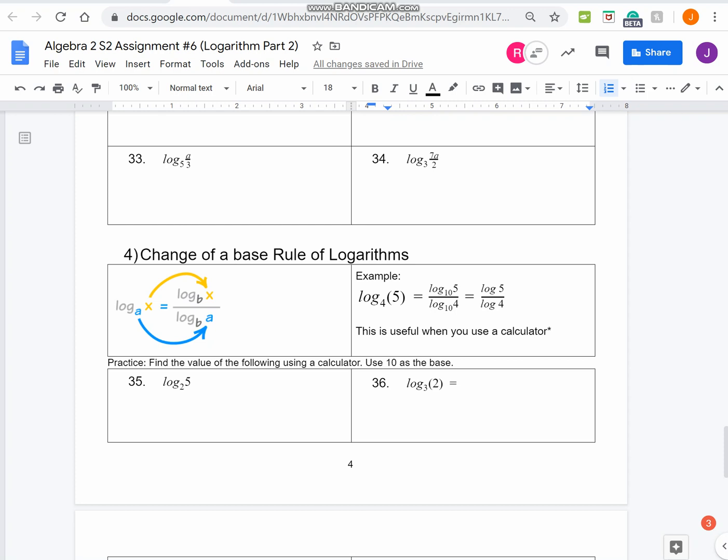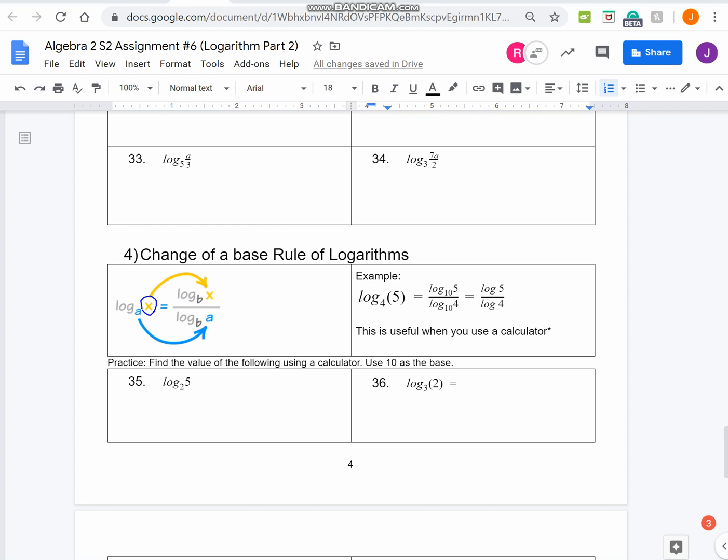So log base a of x can be rewritten as log base b of x divided by log base b of a. So what has happened is the argument x became the argument of the numerator, and the base became the argument of the denominator. And they created another base, and that can be anything.